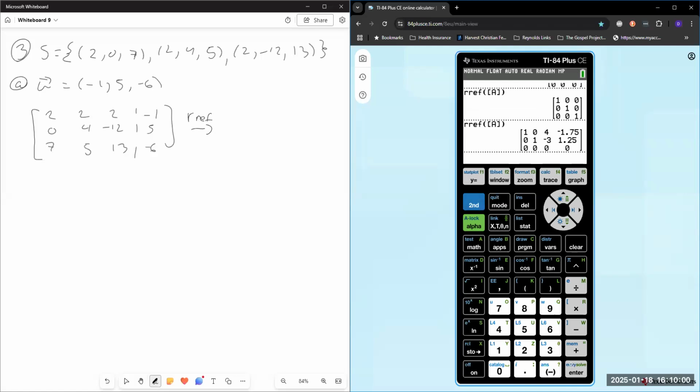So that gives me 1, 0, 4, and that's -7/4. We have 0, 1, -3, 5/4, and then 0, 0, 0, 0.